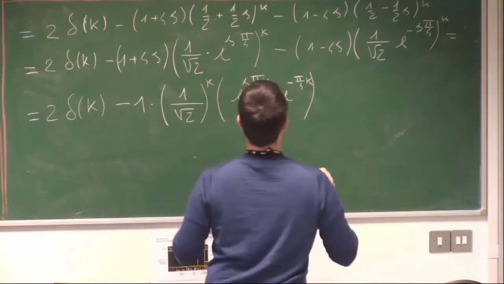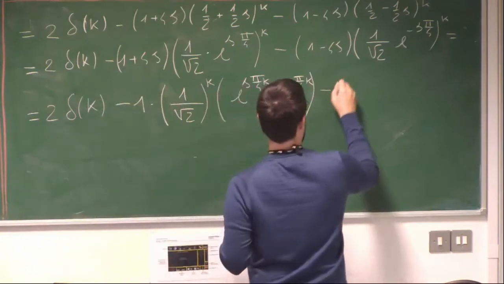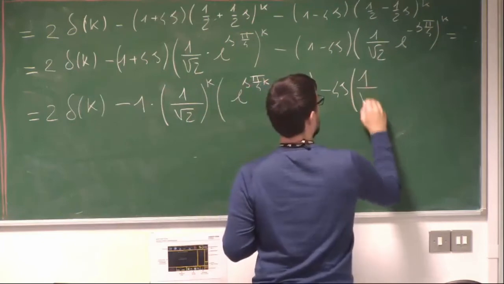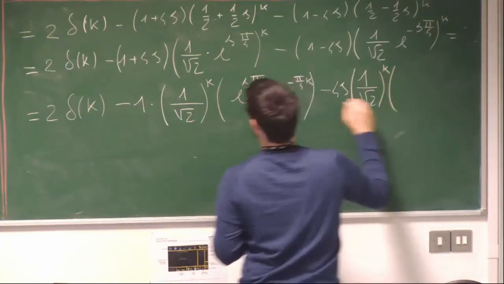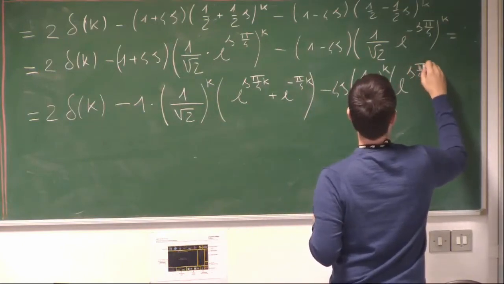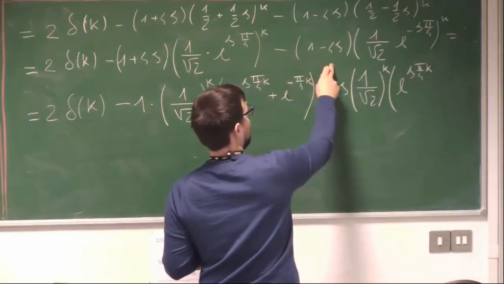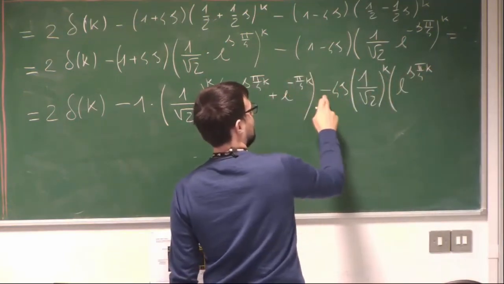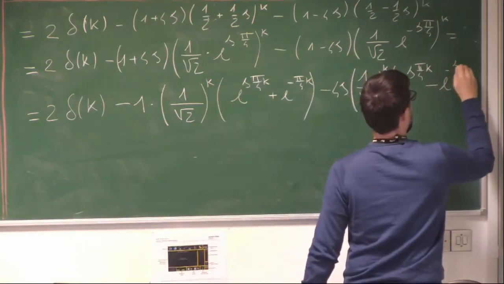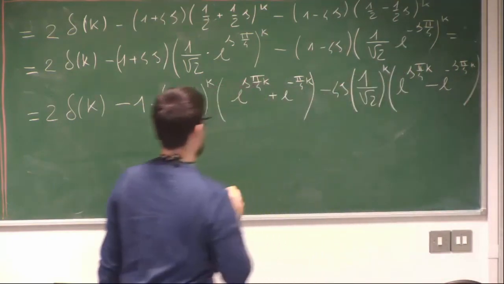And then the other term that we have is minus 4j, and what remains is, again, 1 over square root of 2 to the power k, and then e to the power j pi over 4 k. And here we have the opposite sign because we are factorizing minus 4j, but there is the minus here. So it's minus e to the power minus j pi over 4 k. Okay? So we obtain this expression over here.